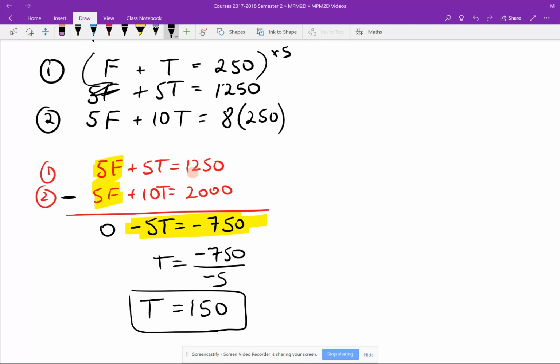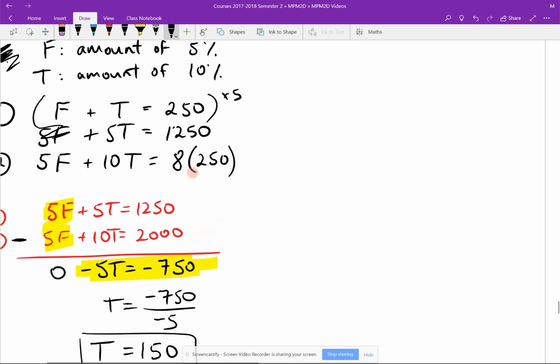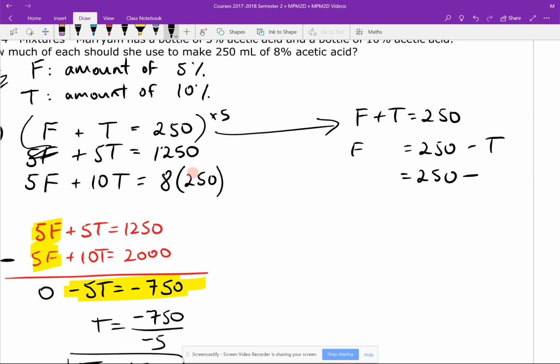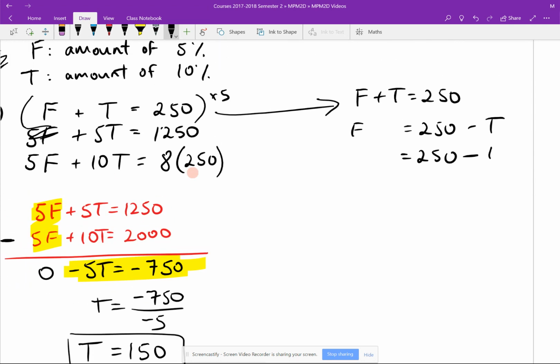Okay. So if I need 150 milliliters of 10% acetic acid, how many milliliters will I need from the 5% acetic acid? Well, if I use one of my original equations here, F plus T equals 250, F is going to equal 250 minus T. And what did I get for T? I got 150, so 250 minus 150 is equal to 100.